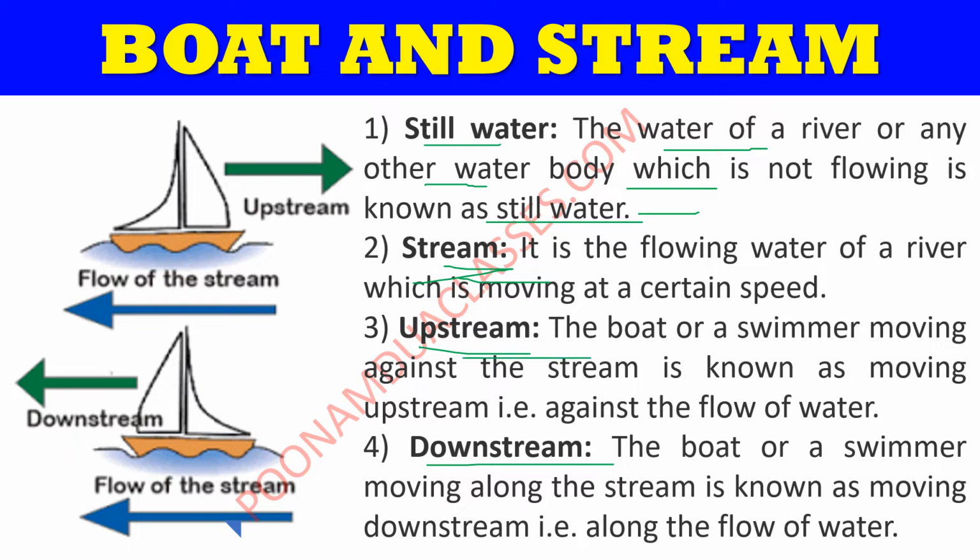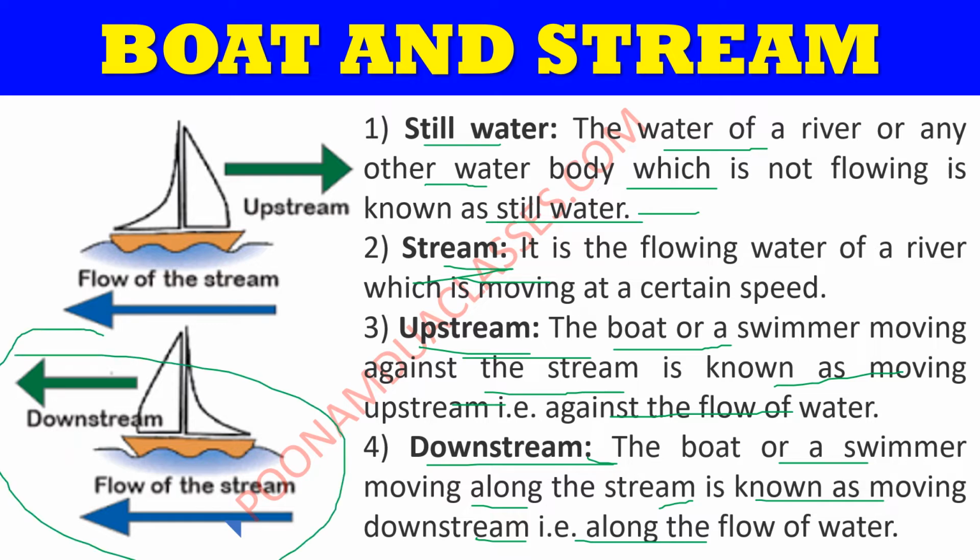And upstream, as I told you, is the boat or a swimmer moving against the stream, that is against the flow, against the current. And downstream is the boat or a swimmer moving along the stream, in the direction of the stream, that is along the flow of the river. So this is downstream and this is upstream.